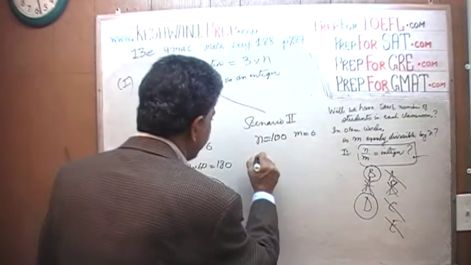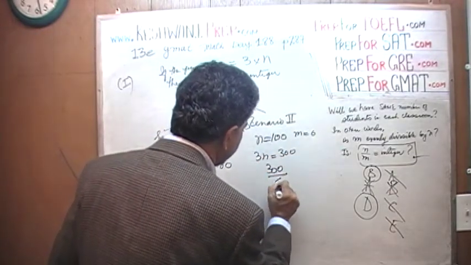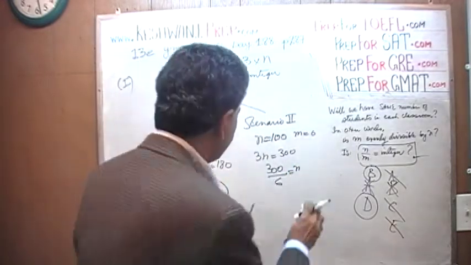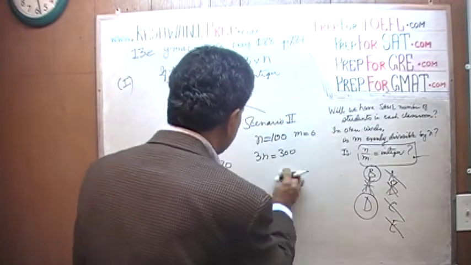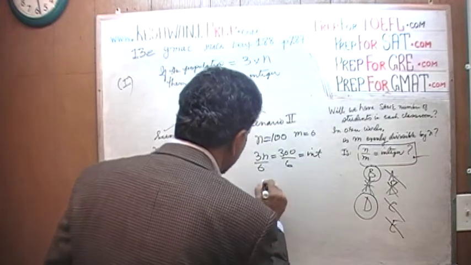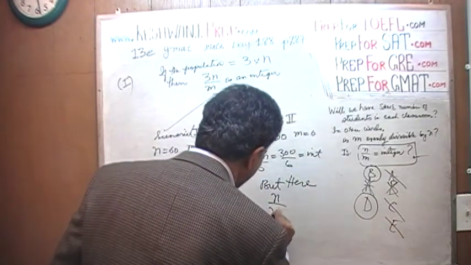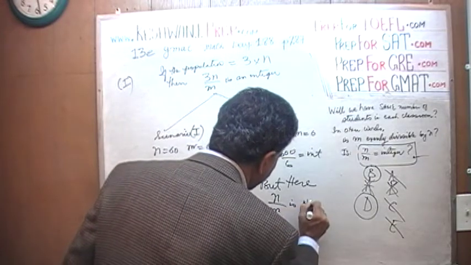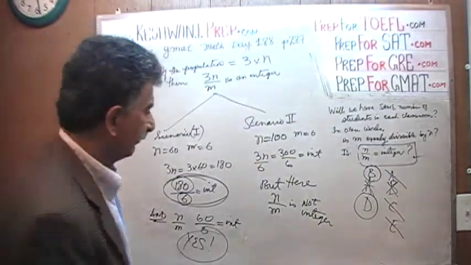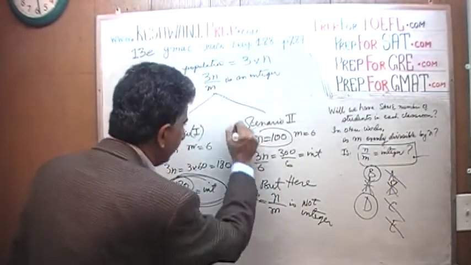So 3 times n is going to be 300, and 300 divided by 6, in other words 3n divided by 6, is an integer. But n divided by m is not an integer, because n here is 100, and one cannot divide 100 evenly by 6.